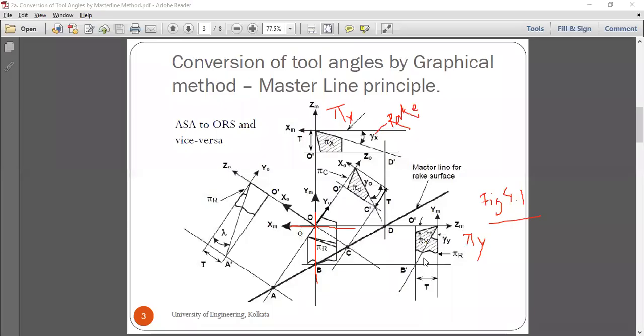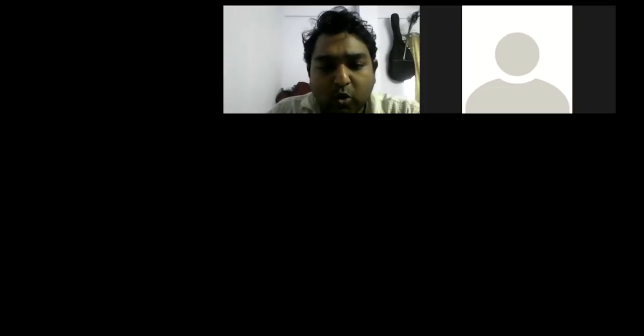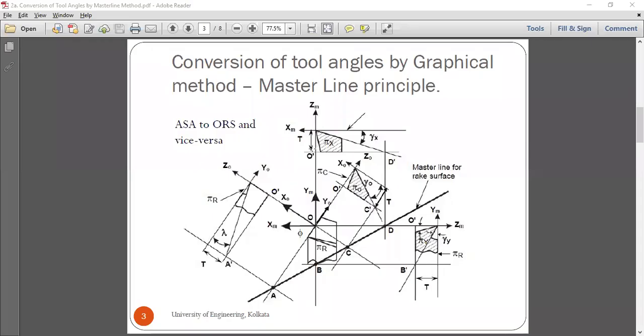Now if you look into this diagram properly, there are also other angles which we need to draw. Let me go back to the slide once again. Here we have not drawn the flank clearance angles, that is, alpha has not been drawn.